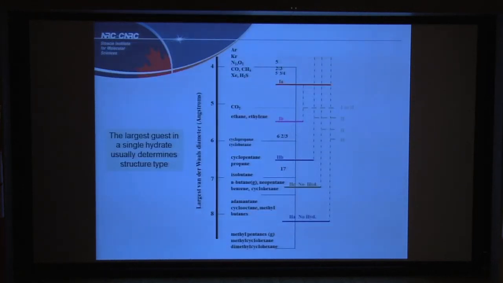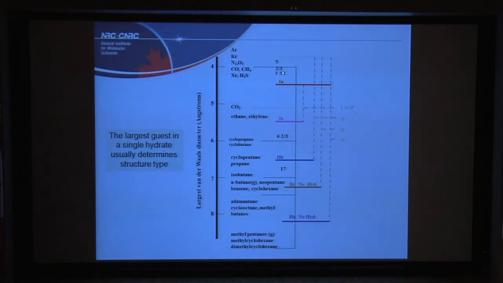Okay, so now here we're looking at guest molecules, and what I've shown you is a plot of the largest van der Waals guest diameter given here, and then a list of molecules, and I've picked the rare gas molecules, also hydrocarbons, and some others such as CO2 and H2S, to show you a scheme that generally is followed as the size of a guest molecule changes and how the structure changes with that.